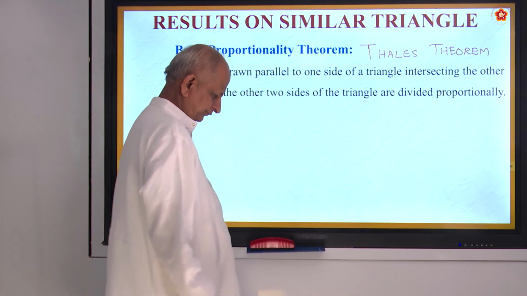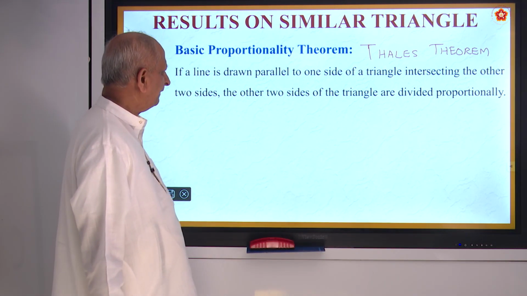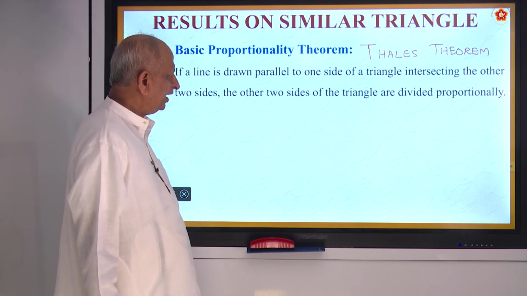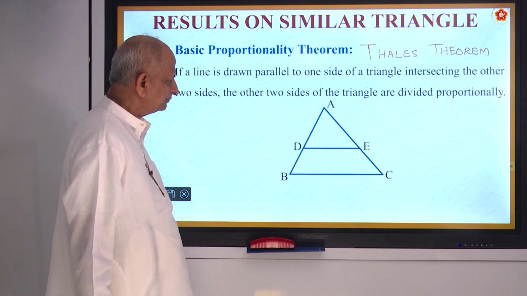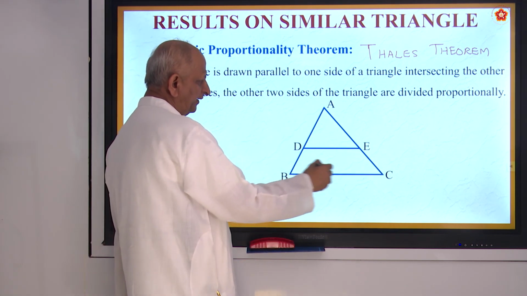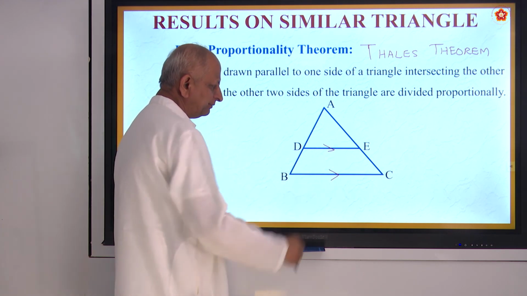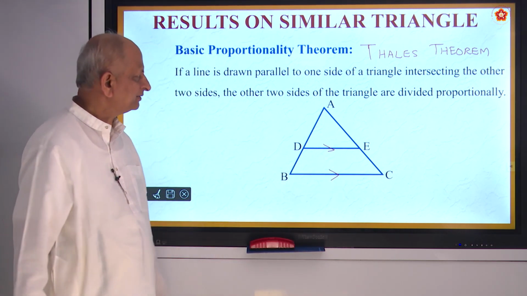Thales theorem, also called the basic proportionality theorem. If a line is drawn parallel to one side of a triangle, so this is the triangle ABC, if a line is drawn parallel, you can draw it, come on.